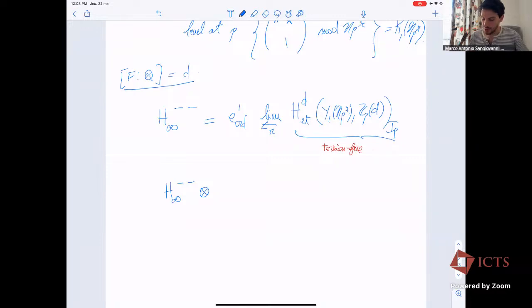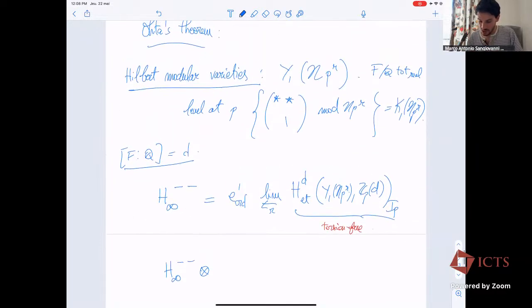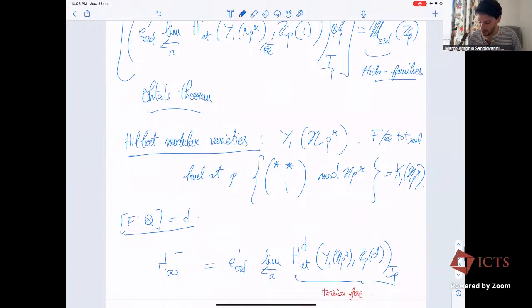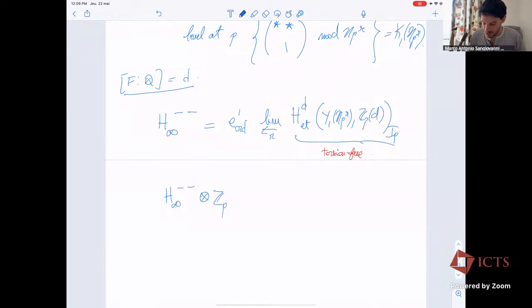And so I have this module, which is the complete analog of this module here. It's just that I'm taking inertia coinvariance a little bit before. Then I tensor with Z_p breve and take G_{Q_p} invariance. And this is the module of ordinary Hida families. Okay.